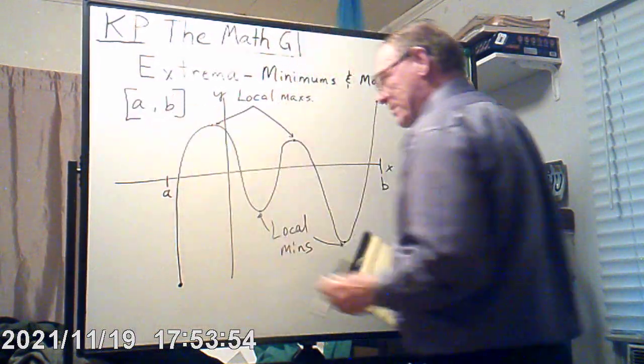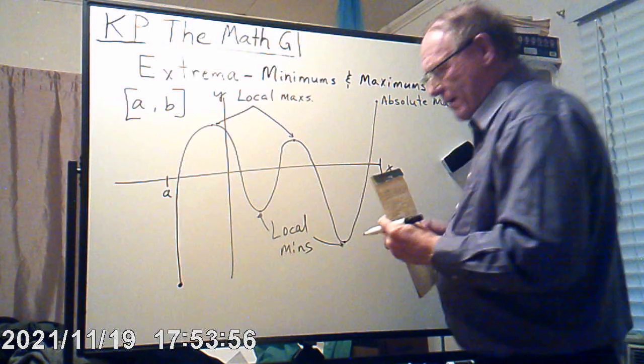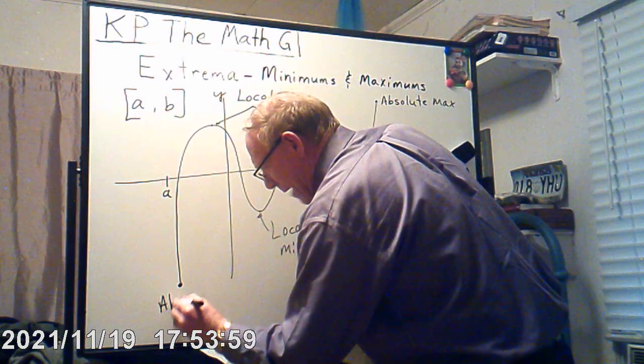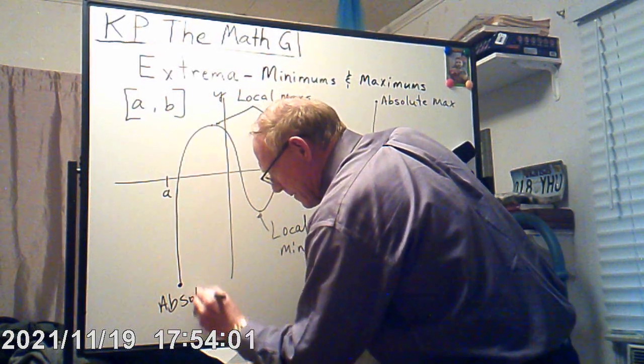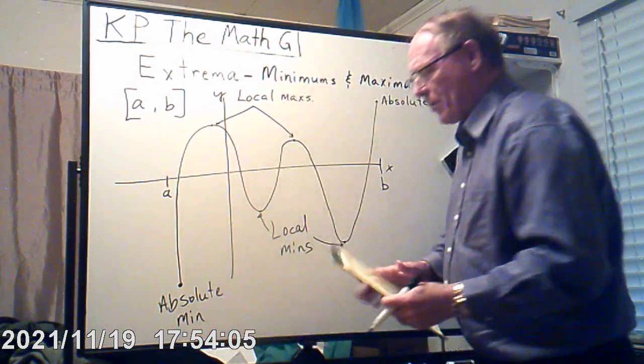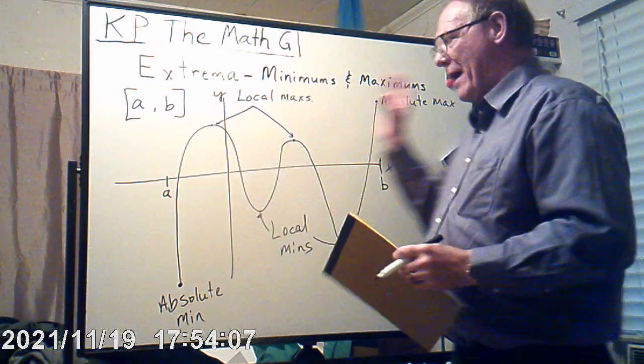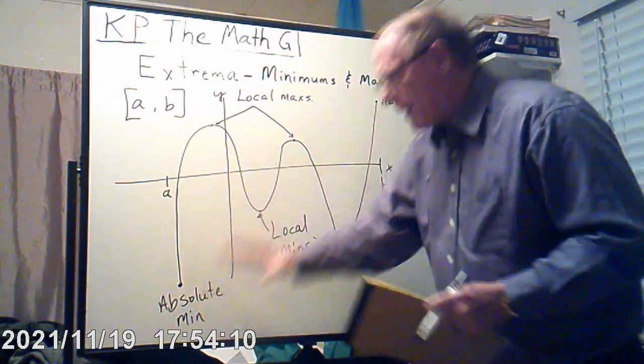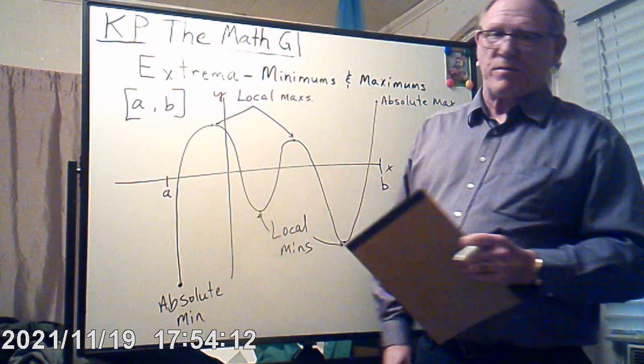In this interval, we have four things here. This is an absolute min. It is the lowest point. So absolute mins and maxes are the lowest and highest points on the graph.